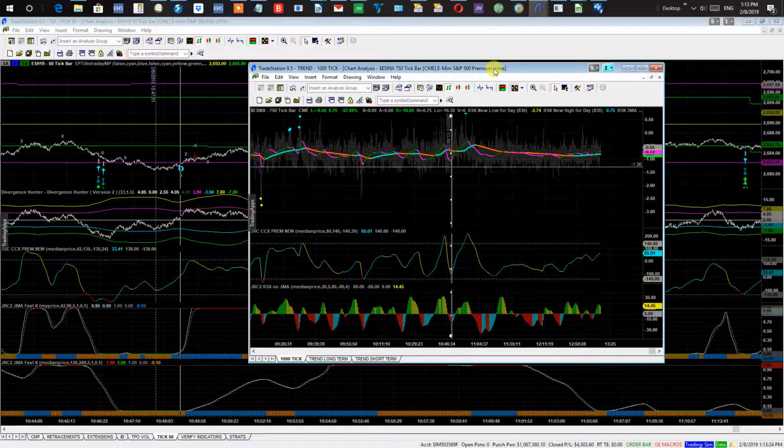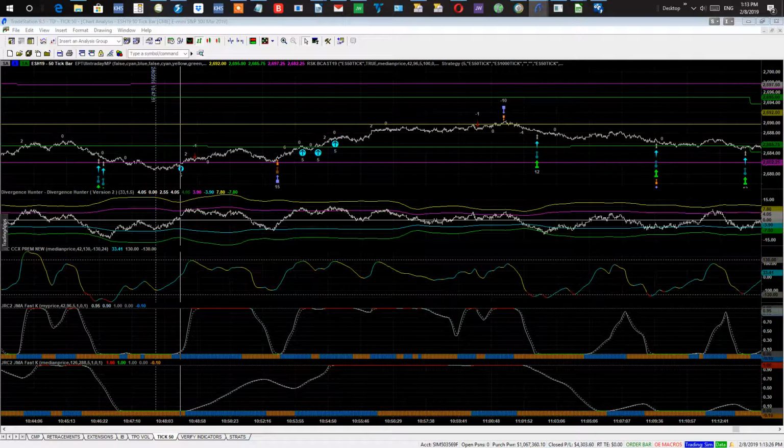And that's why you need to use discretion and watch the premium and make sure that the premium is in agreement with the direction that you want to trade. And we've got a variety of different settings in here. They're set up as strategies, but really we use them as indicators in many cases.